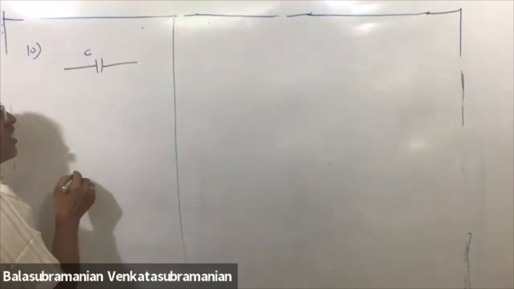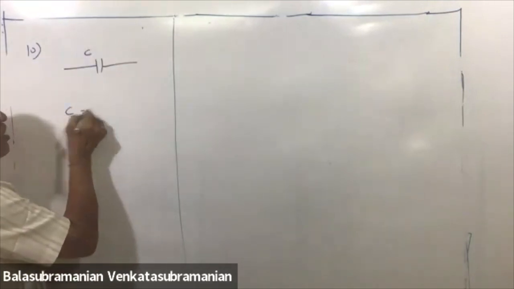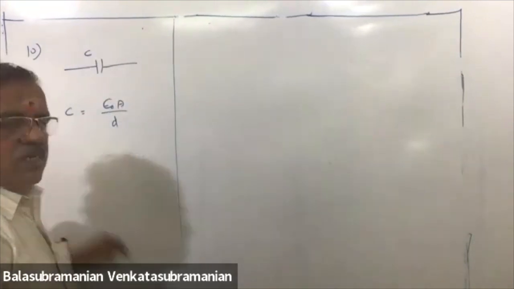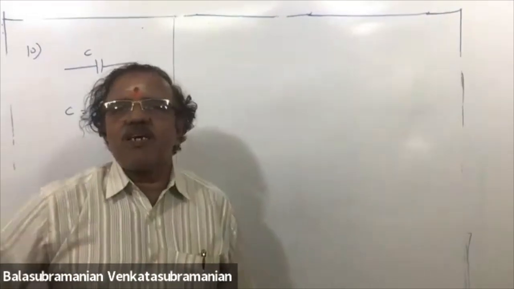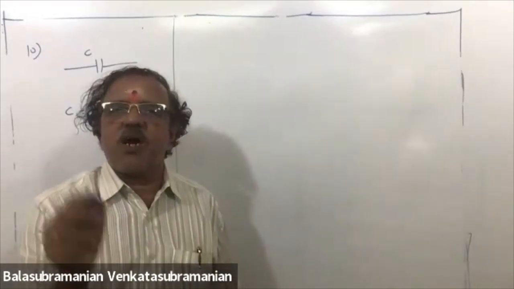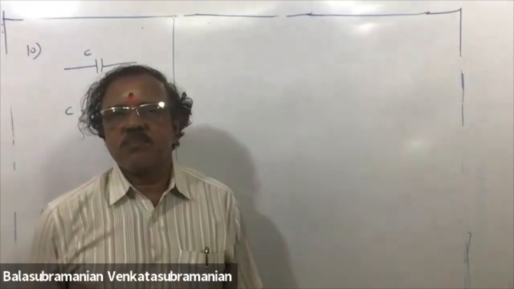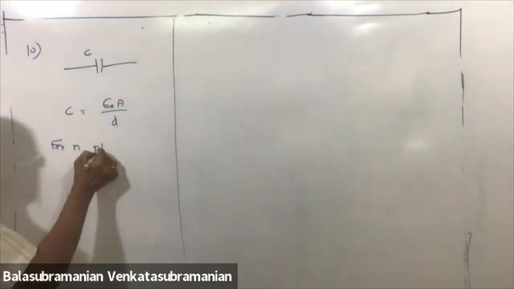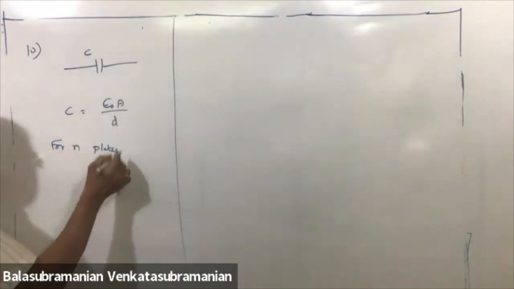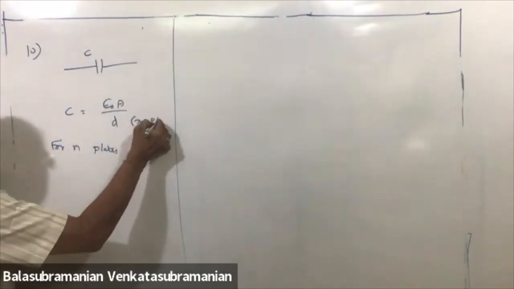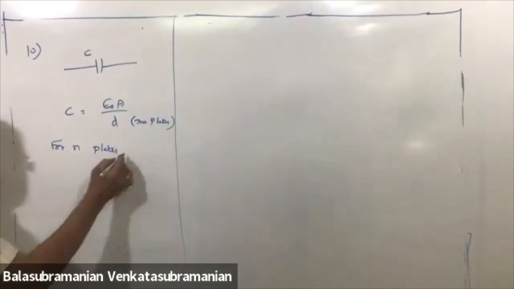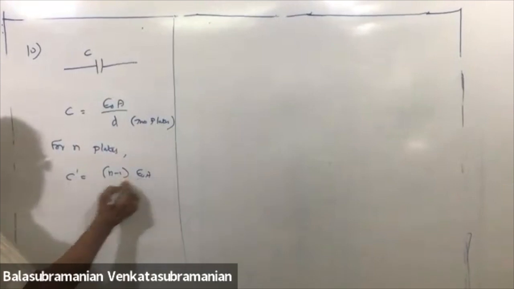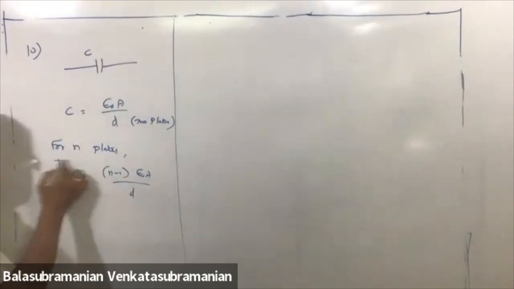C depends upon the area and the distance between the two plates. So for two plates, the formula says C is equal to epsilon naught A by D. For n plates, this is for two plates, C dash is equal to n minus 1 epsilon naught A by D. Simple.